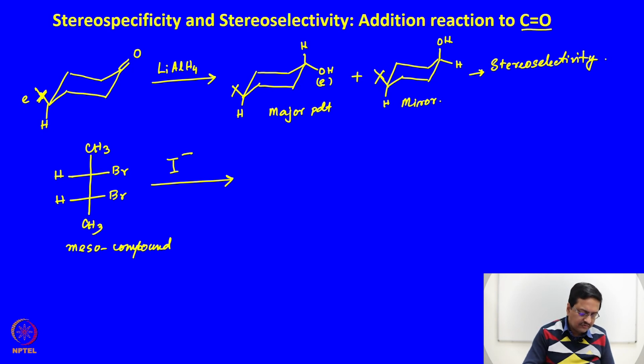When we treat this compound with iodide, bromine elimination happens and it produces the trans isomer of the double bond.